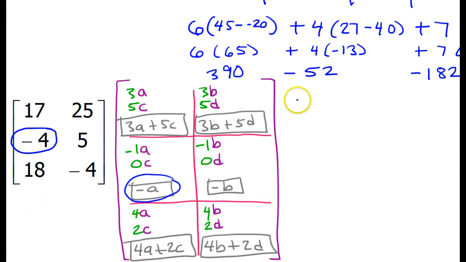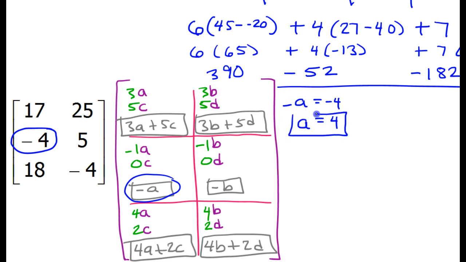I need to draw a line to separate the old problem. So that tells me that -4 must equal negative A. I'll put the variable first. That tells me that negative A must equal -4. That means that A is equal to 4. So there, we have one answer.